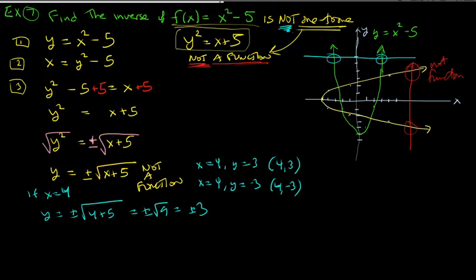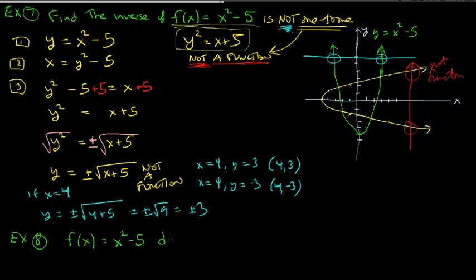Now, what we could do is, by changing the domain of this, we could make it 1 to 1, right? And so let's take the same example here. And I'm just going to move it way down over here. So example 8. So we have the same function, x squared minus 5.